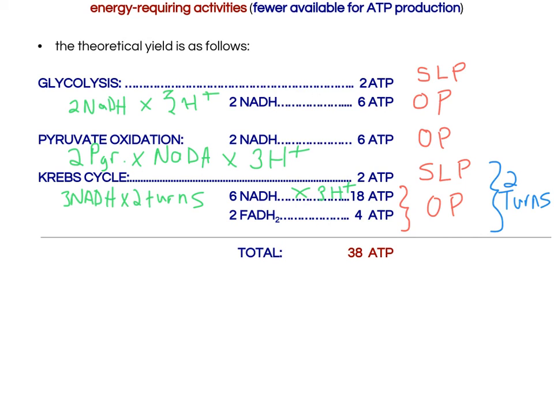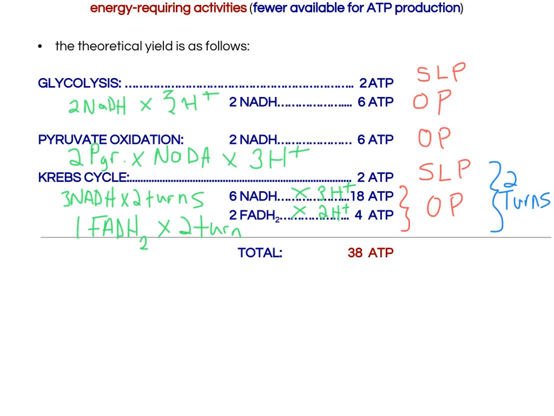Now, same kind of thing with the FADH2. We know that there are 2 FADH2s produced via 2 turns of the Krebs cycle, so per turn we have 1 FADH2. But remember that for each FADH2, we're only able to pump out 2 hydrogen ions because it is a little bit more electronegative.